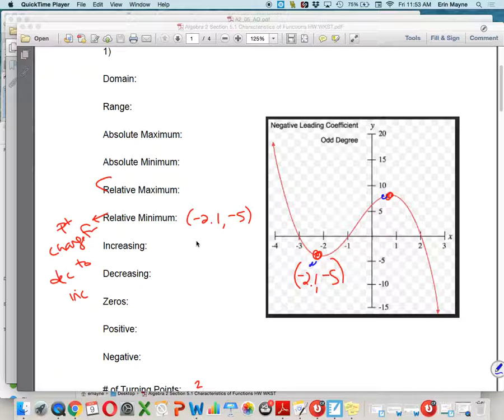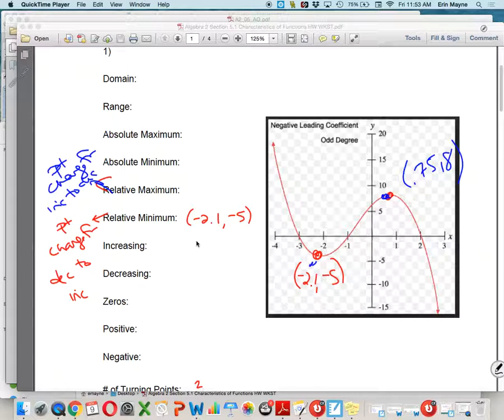So here, which is listed on your graph as 0.758, I have a relative, take a guess, maximum. Now, if we were to define that, you would tell me it's a point where there is a what? Good. Change from, louder, increasing to decreasing.